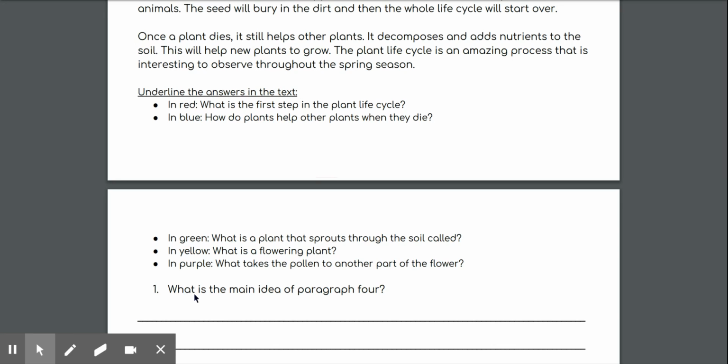So go back to the text and look for the answer to the question, then underline it in green. In yellow, underline the answer to what is a flowering plant? In purple, underline the answer to what takes the pollen to another part of the flower.